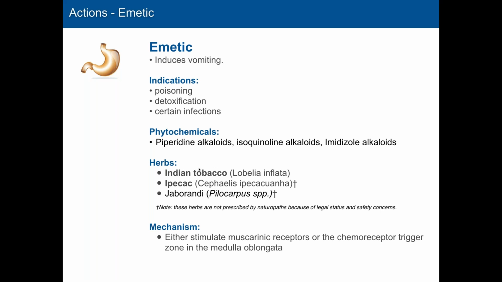And even in certain herbal traditions, like in Ayurvedic medicine, they'll get people to drink salt water and vomit it all up, and then take gauze and swallow it and clean out their insides as part of some of these cleansing rituals. We don't tend to like vomiting in North America, but it can definitely have a cleansing effect. So Indian tobacco is one herb for that.